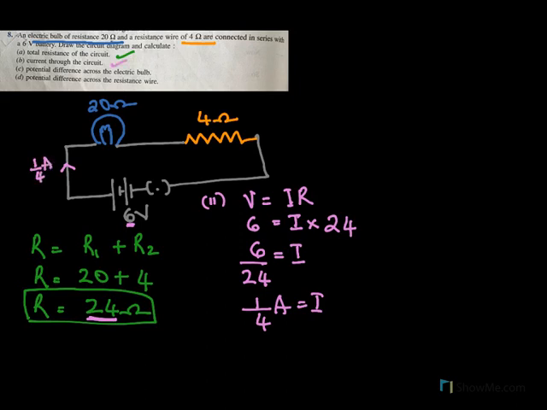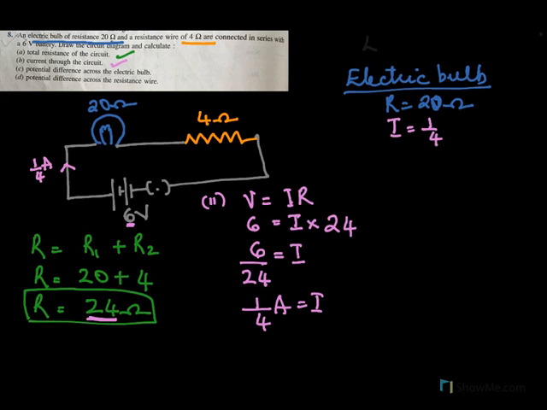The potential difference across the electric bulb. Now let's do Ohm's law for the electric bulb. In the electric bulb, we know the resistance is 20 ohms, and we also know the current: we already saw that the current I is 1 by 4 amperes in the circuit.